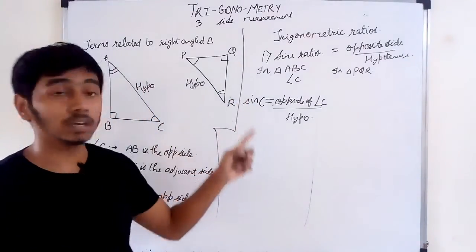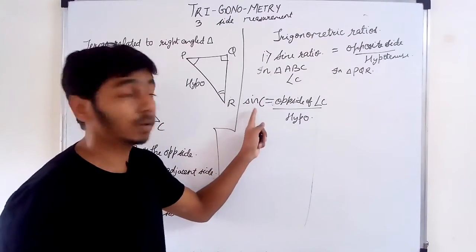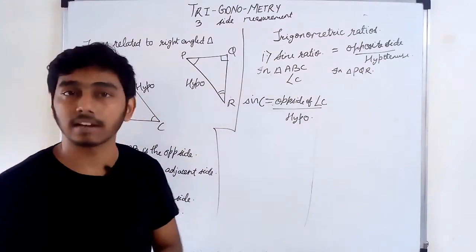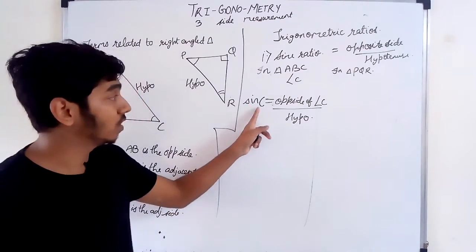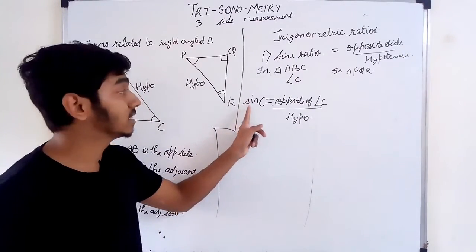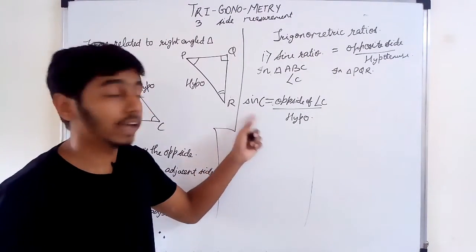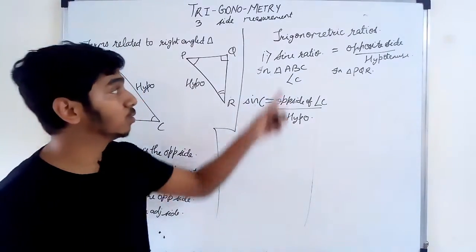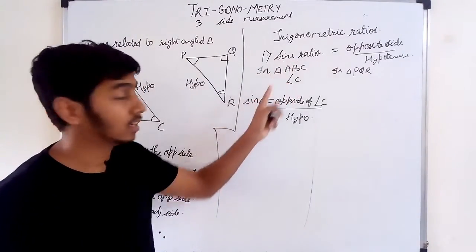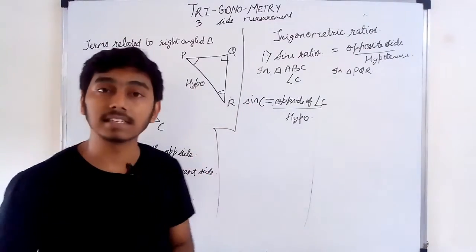We'll be learning all those ratios, and those ratios are dependent on a particular angle of a triangle. Like for example, I can find sine C. You read this as sine C, and you don't write SINE. E is not written. You just write SIN.